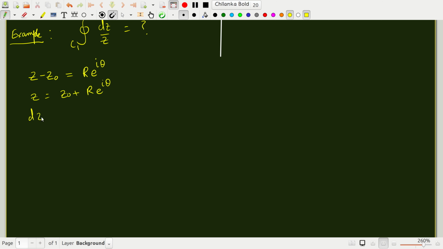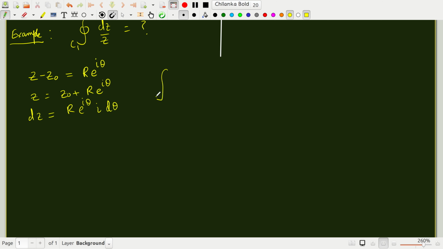Now dz is simply: R is constant because it's a circle of constant radius, and z0 is a constant because it is just a point in the complex plane. So the only thing that I will differentiate is the exponential, which is e to the i theta times i d theta. So that is the dz.